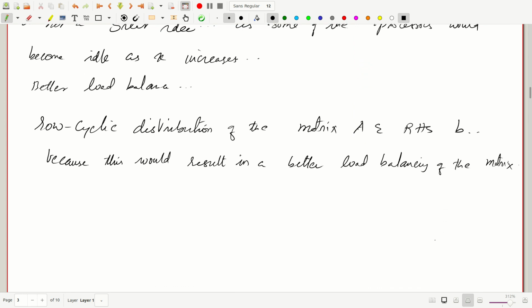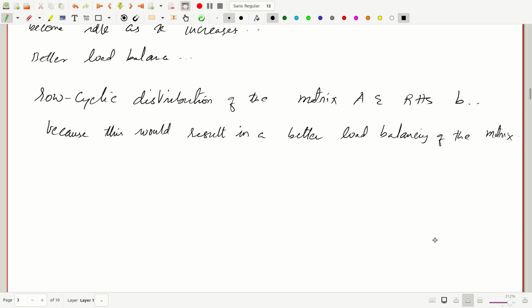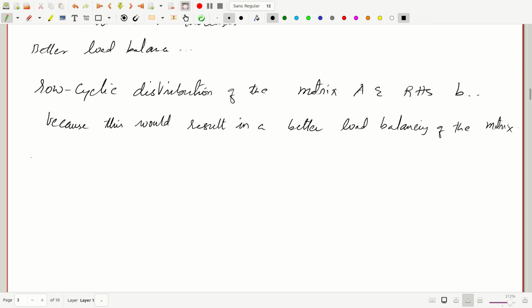Then let us see if we can write a kind of pseudocode for this Gaussian elimination, which you can implement later on.